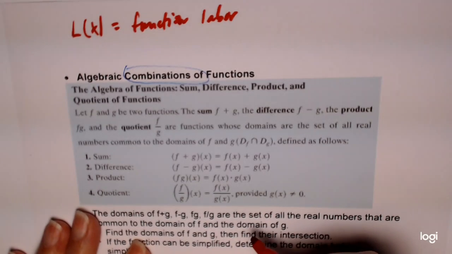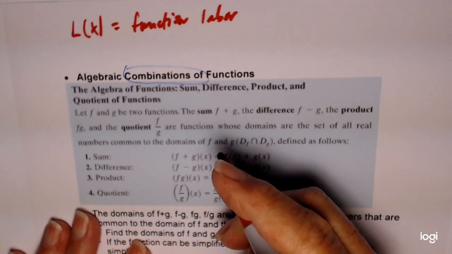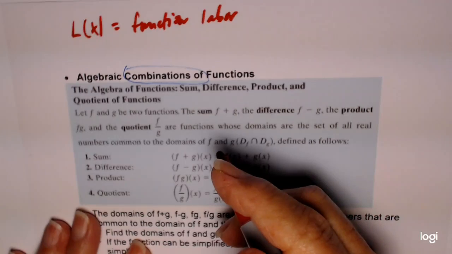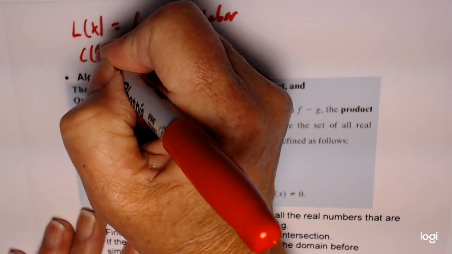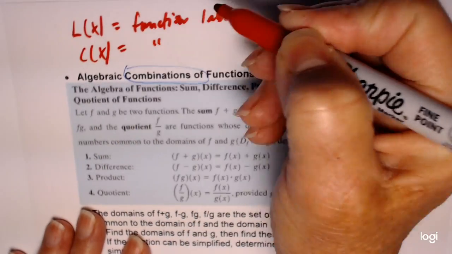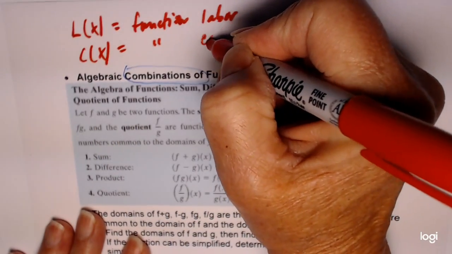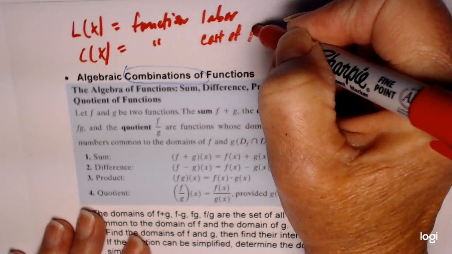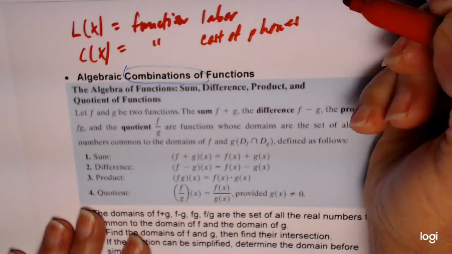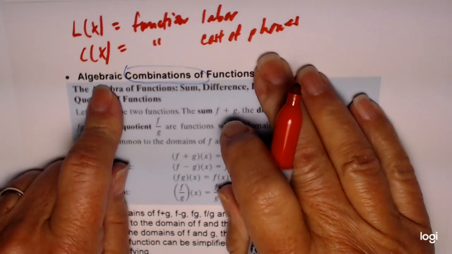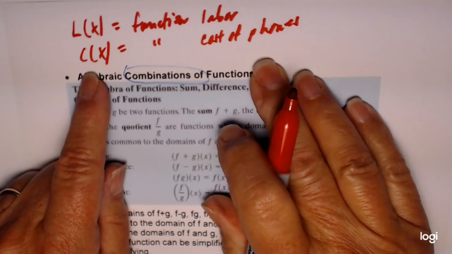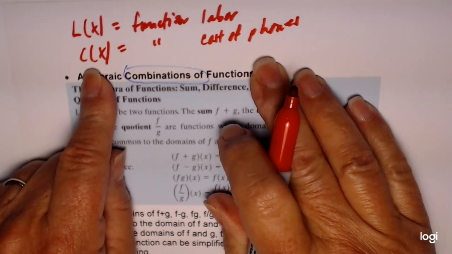And let's say you have another function that you've come up with to come up with the price of your cell phones. So let's call this C of x. So this is the function for cost of the phones. So we're in this business, we're a competitor of, I don't know, Verizon or somebody, and we are in the business of selling cell phones.